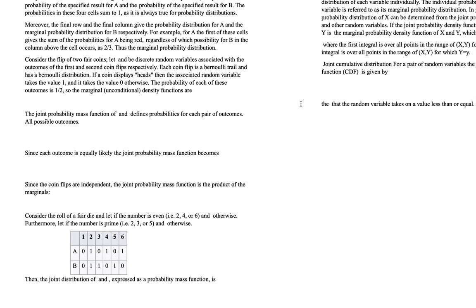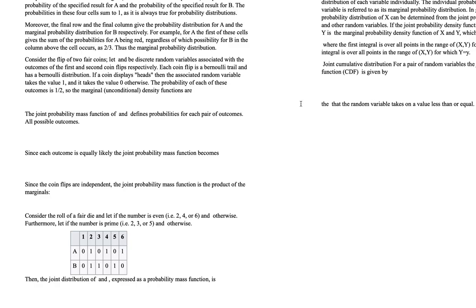Moreover, the final row and the final column give the marginal probability distribution for A and the marginal probability distribution for B respectively. For example, for A, the first of these cells gives the sum of probabilities for A being a, regardless of which possibility for B in the column above the cell occurs, as 2 by 3, thus the marginal probability distribution.